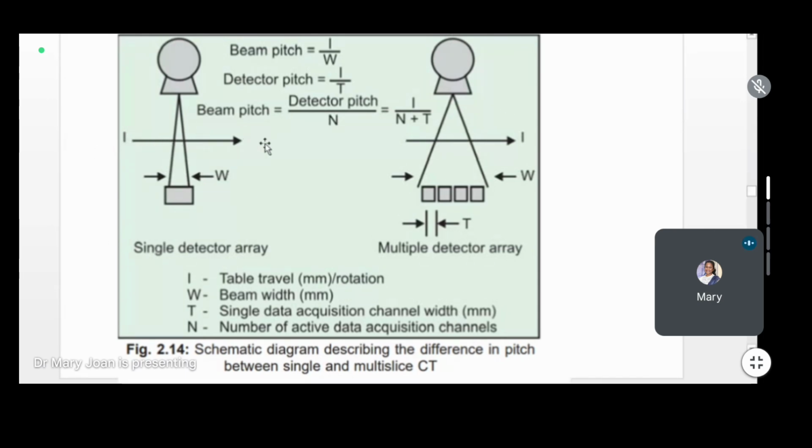The table travel expressed in mm per rotation is I. Beam width, you know clearly what is beam width, and then the single data acquisition channel width T. And N is the number of active data acquisition channels. How many active acquisition data channels are there at one point of time.